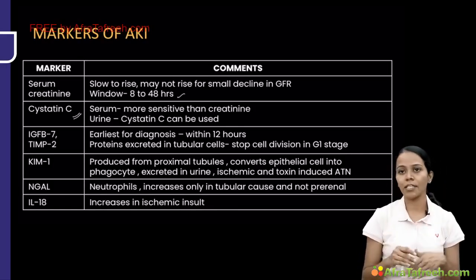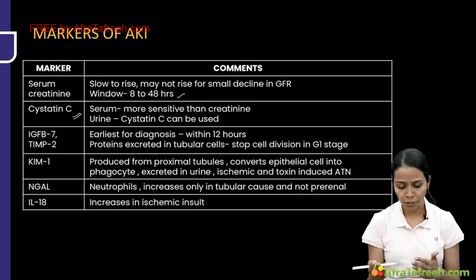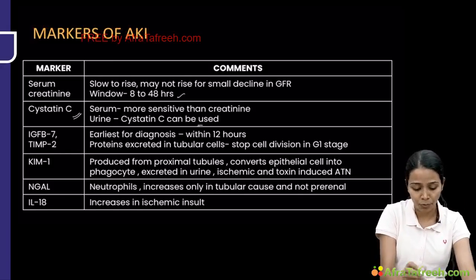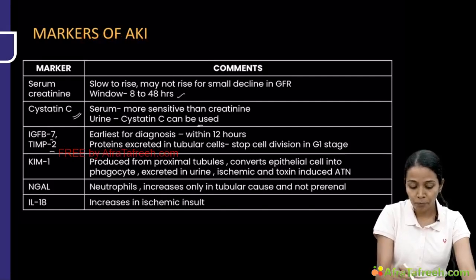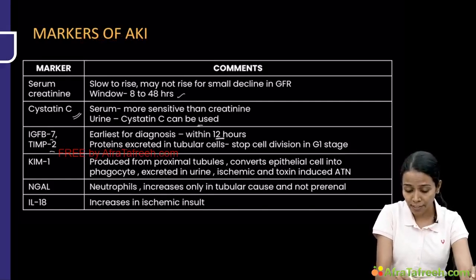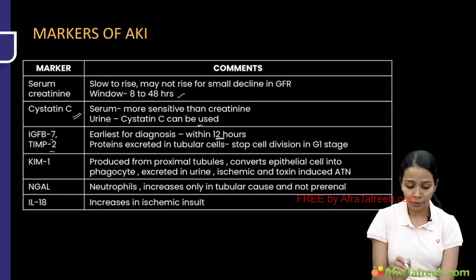Okay, so cystatin C can be measured in serum, it can be measured in urine. What is measured in the serum is more sensitive than creatinine, and urine cystatin C can be used. Okay. Next is IGFBP7 and TIMP2. So this IGFBP7 and TIMP2 is used for earliest diagnosis. Within 12 hours of AKI starting, it can be used for diagnosis. Okay.